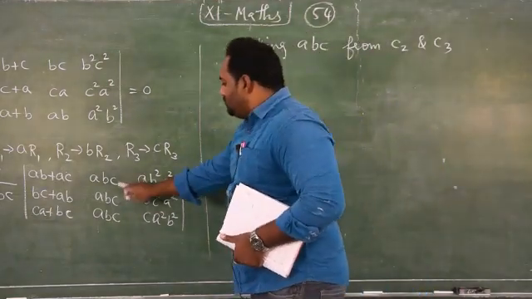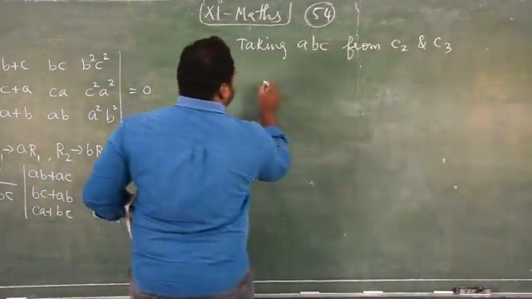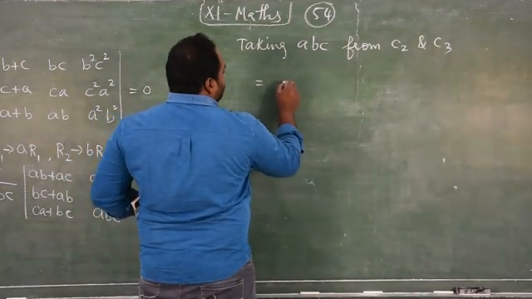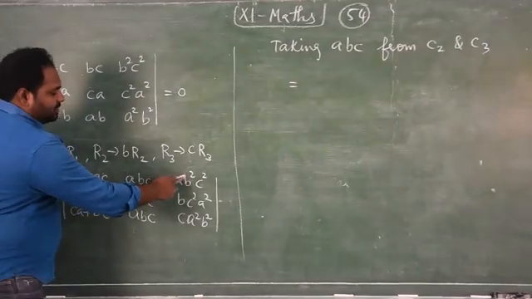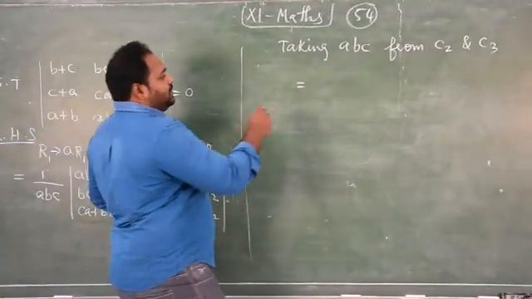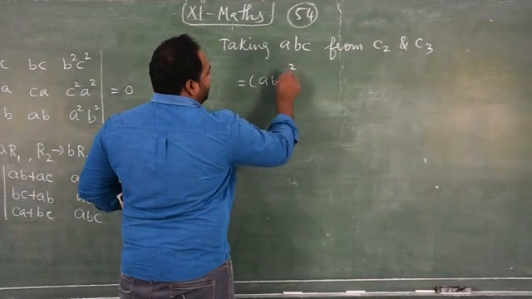From column 2 and column 3, I am going to take ABC commonly outside. If I take ABC out of column 2 and one ABC out of column 3, it will be ABC whole square that comes out.